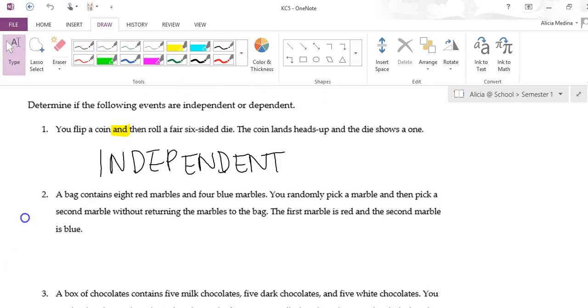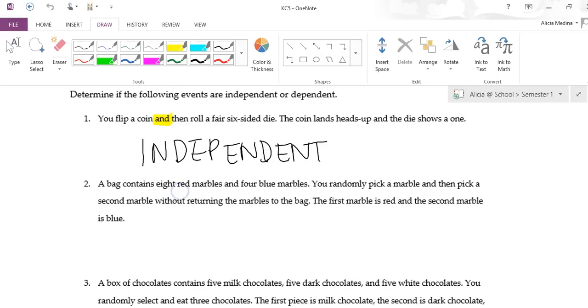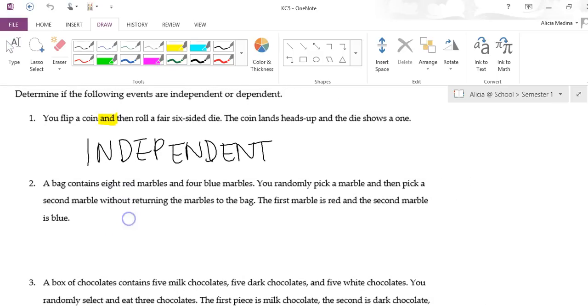Number 2, a bag contains 8 red marbles and 4 blue marbles. Okay, so that's nice to know. So we have 8 red marbles, 4 blue marbles. I do see that word and then it says you randomly pick a marble and then pick a second marble though without returning the marble to the bag. So that's kind of big.